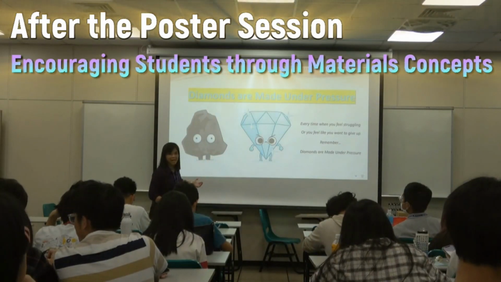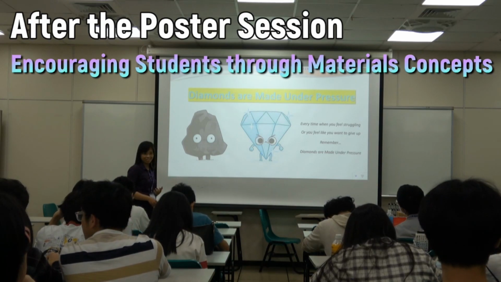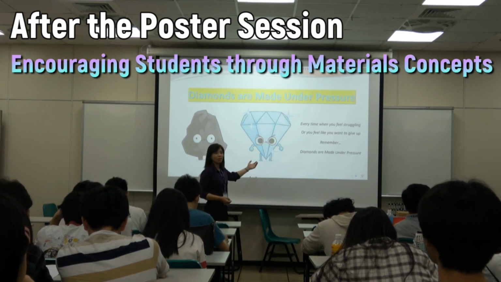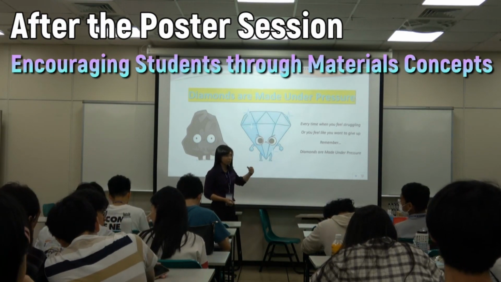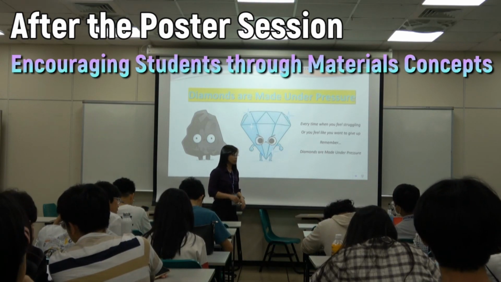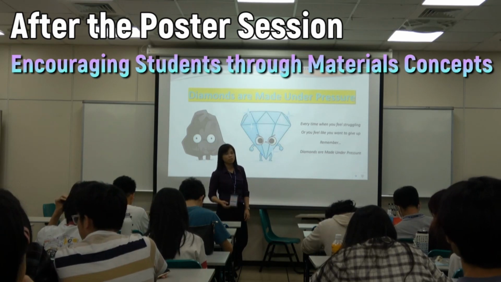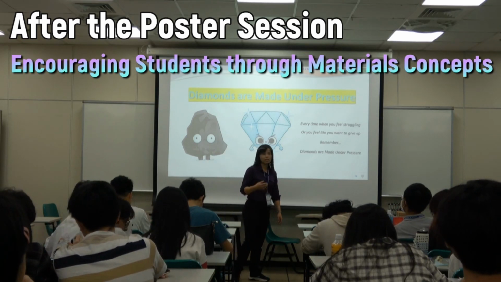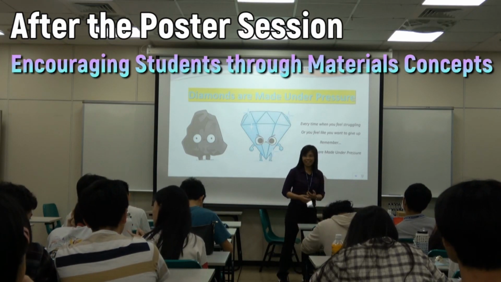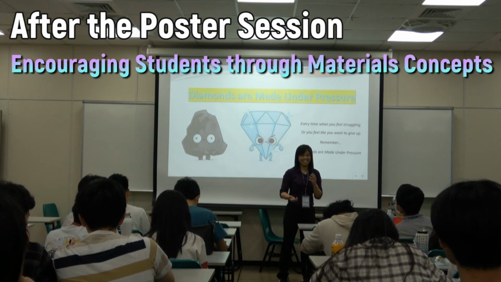You know, how diamond can be produced. Diamonds are made under pressure, alright? So that means every time you feel struggling or you want to give up, remember, diamonds are made under pressure. During your learning period, you need to experience many pressures, or struggle with many things, okay? So just tell yourself that I want to be the diamond, so I need to withstand these pressures, okay?